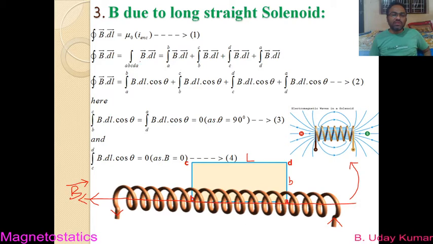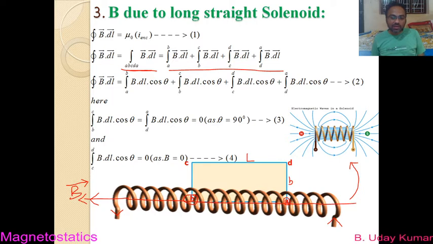So now this integration part is where we have to start the discussion. The entire line integral of magnetic field around this closed path can be written as the sum of 4 line integrals. One is the line integral of magnetic field from A to B. This becomes the first line integral of magnetic field around the closed path.